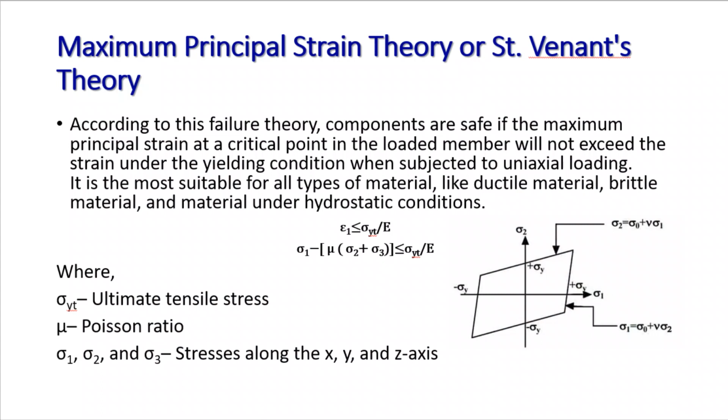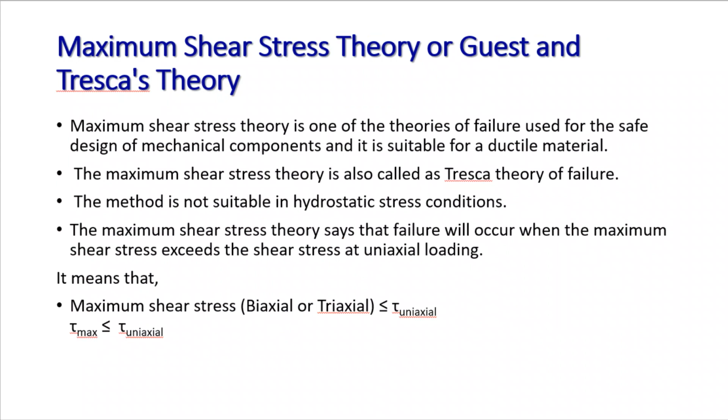How do you get the 2D condition? When you take sigma 3 as 0, we modify the equation as sigma 1 minus mu sigma 2 should be less than or equal to sigma yt by E. In this way you are going to plot this.